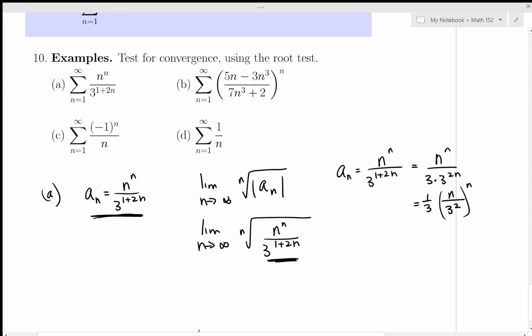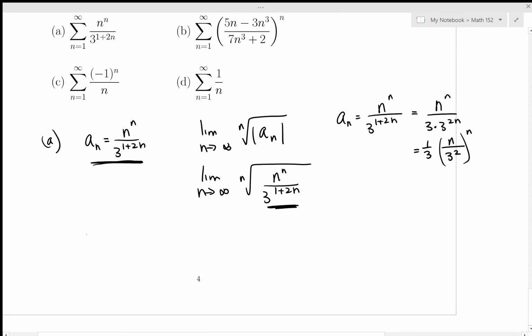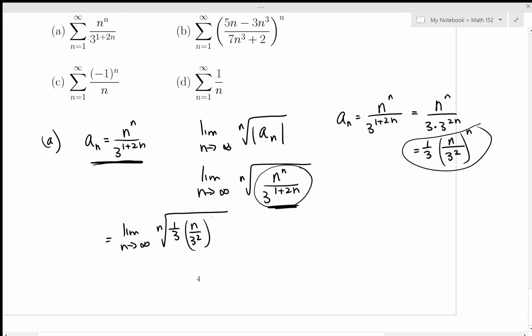Okay, let me stop there. Now I'm going to take the limit as n goes to infinity of the nth root of my algebraically modified form underneath that root sign, so it's 1/3 times n over 3 squared, to the n.